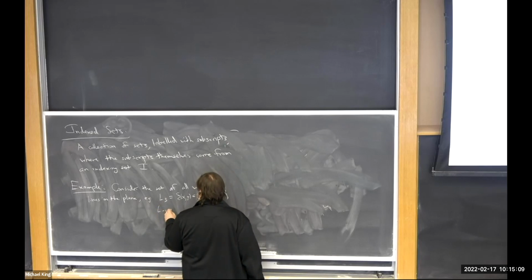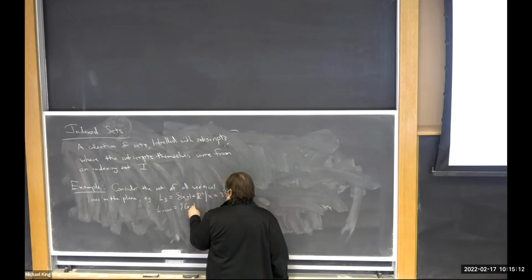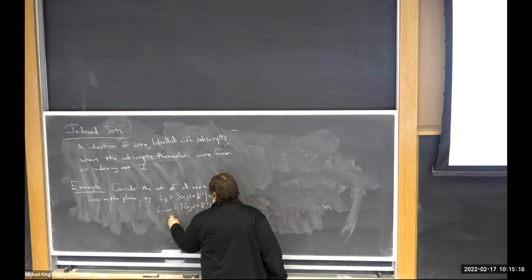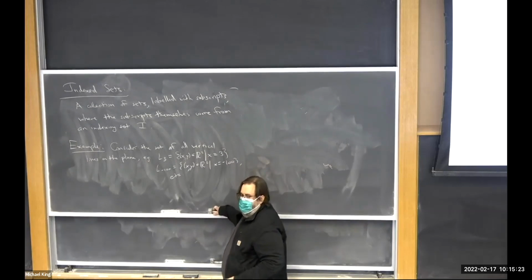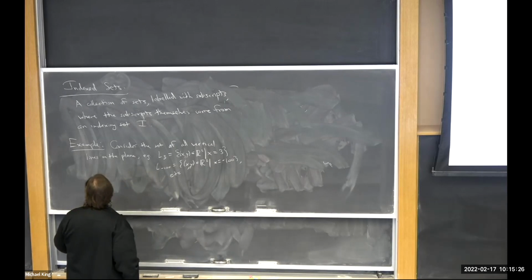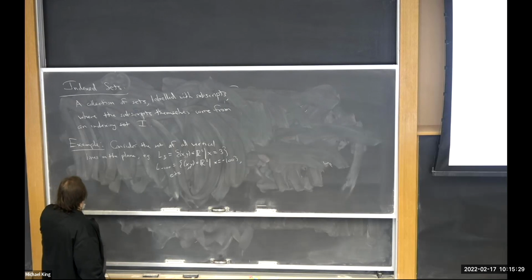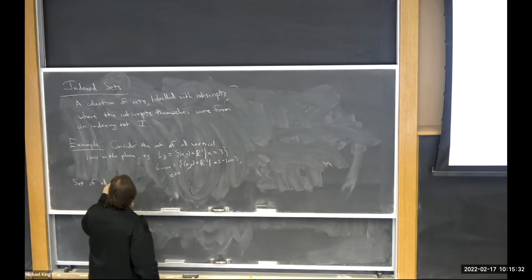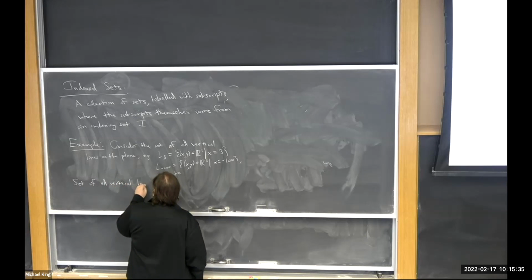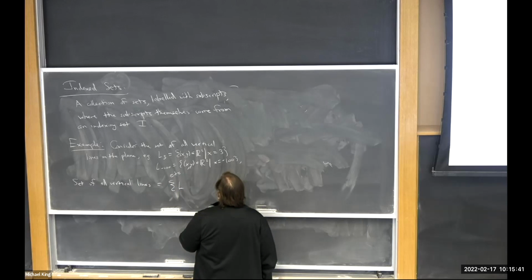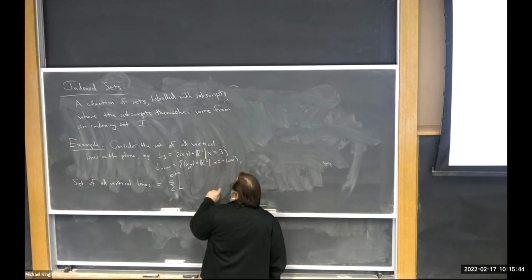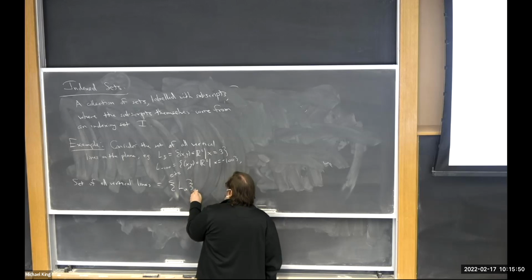L sub negative 100 is the set of x and y in the plane such that x equals negative 100, etc. And so we can think of the set of all vertical lines as the set of L sub, I don't want to use x because x is being used here, so let's just say L sub A, where A is in the, sorry.